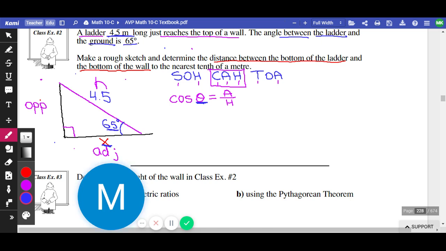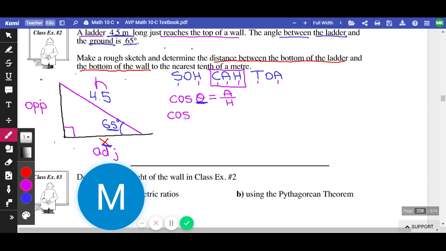Awesome. Now that we have our formula chosen and we've chosen to do cosine, we need to fill in our 3 blanks, right? Our angle, our adjacent, and our hypotenuse, based on this triangle. To do that, I go cos.